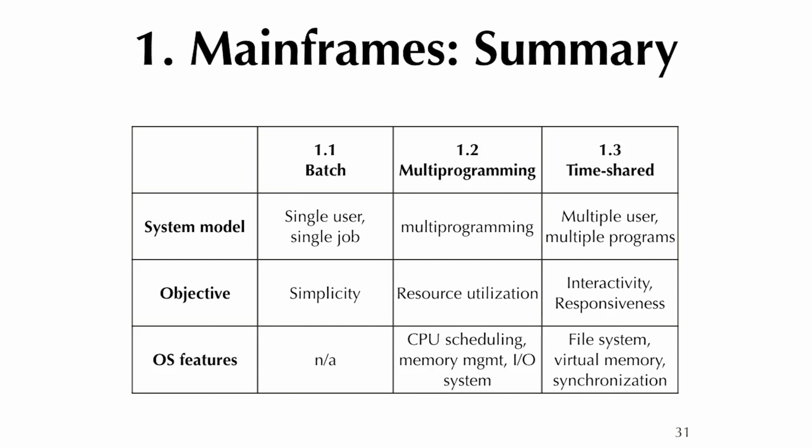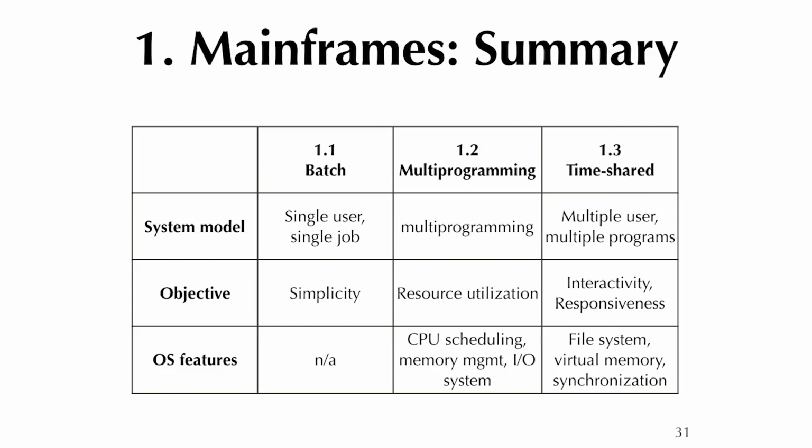So from batch to multiprogramming to time shared: batch is single user, single job. Multiprogramming would be to do multiple programs with better resource utilization. Now, time shared would be multiple users, multiple programs all at the same time. It allows interactivity and responsiveness.